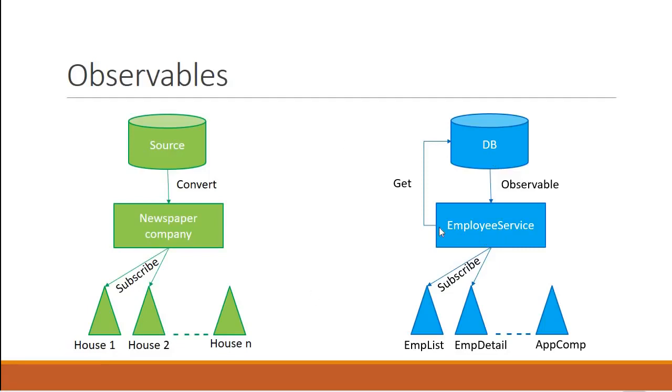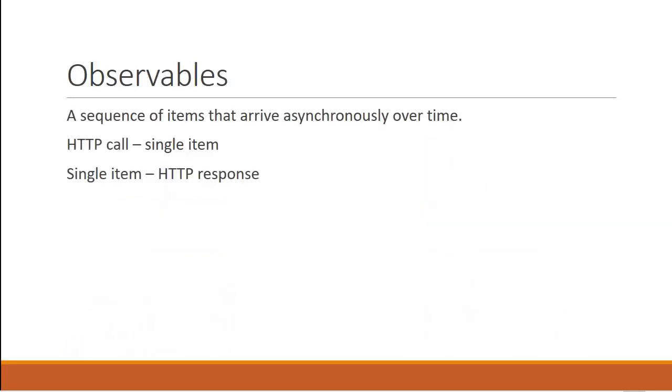The employee service makes a request to the database with the HTTP GET call. As a response, we get back an observable. But what exactly is an observable? Let's take a look. An observable is nothing but a sequence of items that arrive asynchronously over time.